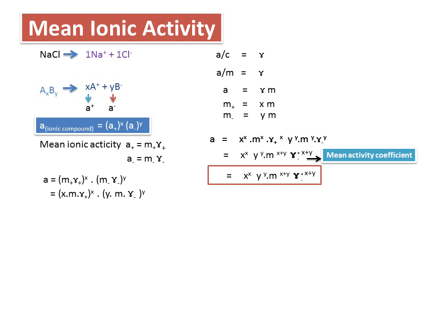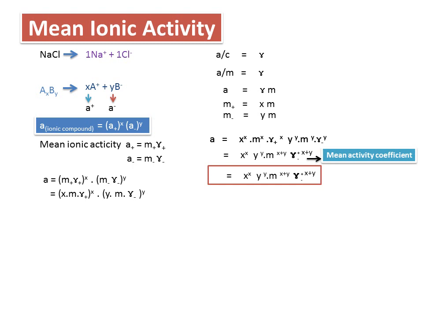Let us put the values of m positive and m negative in the left side equation of the slide, which is A equal to A positive raised to power x, into A negative raised to power y.